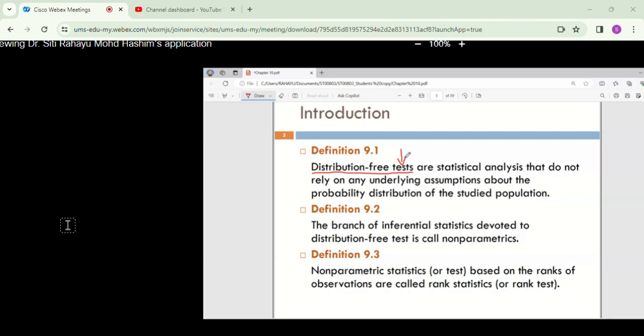Distribution free tests are statistical analyses that do not rely on any underlying assumptions about the probability distributions of the studied population. So it is called distribution free test. The branch of inferential statistics devoted to distribution free tests is called non-parametrics, or in Malay, ujian tak berparameter.